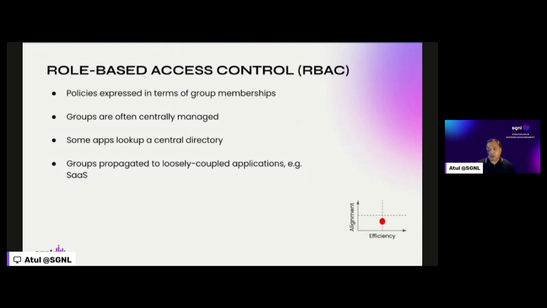Now the efficiency is better because you're making it more centralized in terms of management, but it's still very static because these roles and groups are very hard to change and maintain, right? If you want to make it more dynamic, you're going to have a very expensive kind of process, and so this is where it fits in.